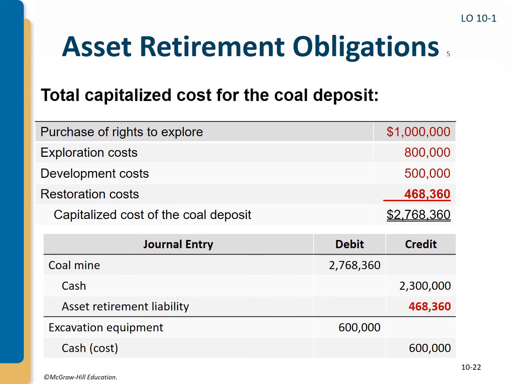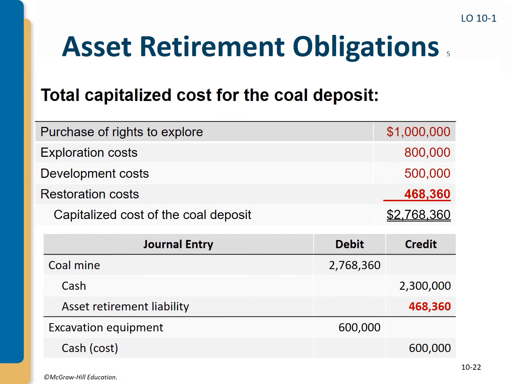Here is your journal entry. You'll debit the coal mine for the full $2,768,360. Of that, you're only paying $2,300,000 today. The other $468,360 is going to be paid at the end of 3 years. So you're going to credit a liability account called asset retirement liability until you have to pay that.